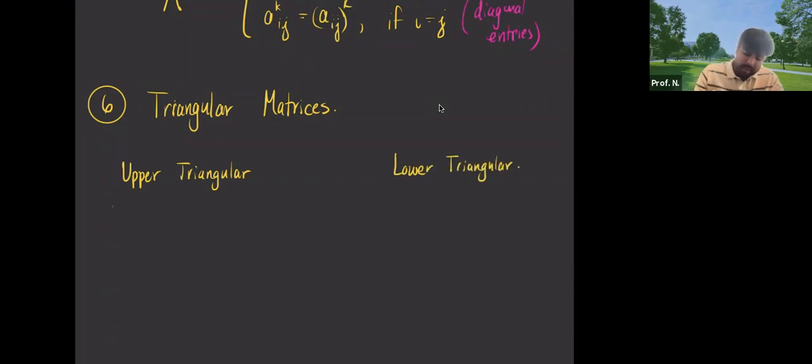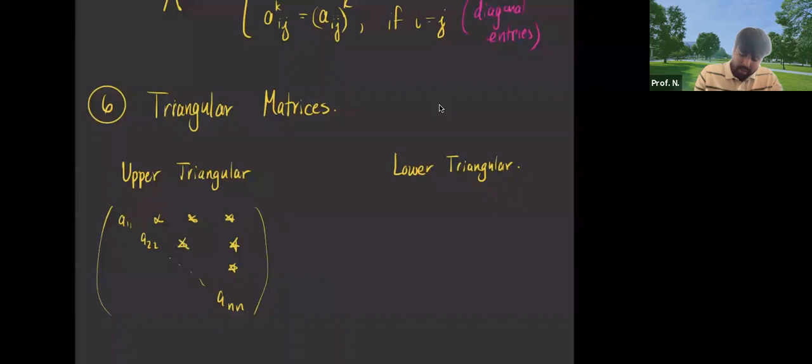The upper triangular matrices are the matrices that have non-zero entries above, but all the entries below the main diagonal are zeros.